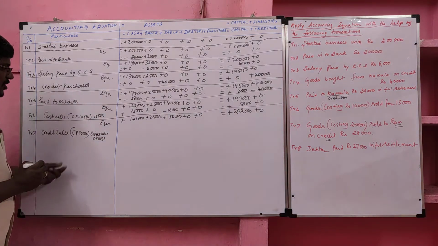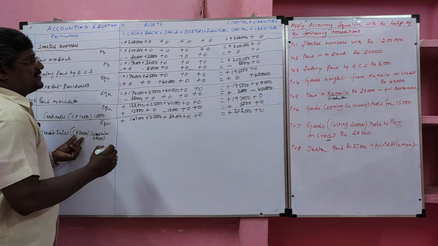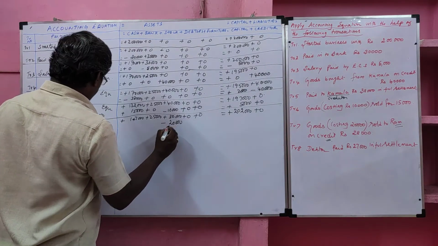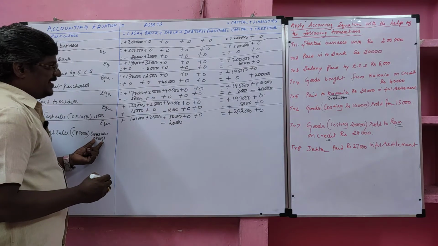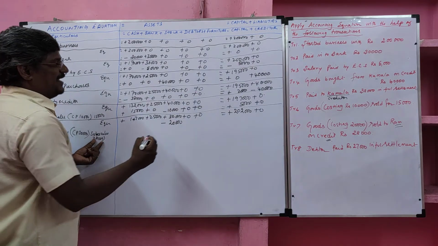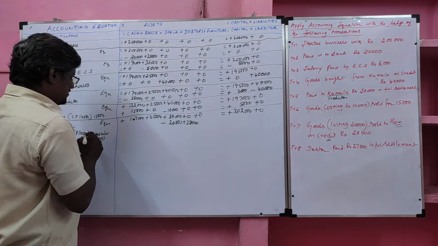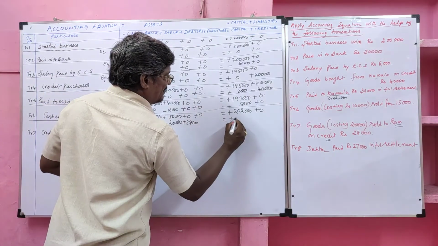The cost price is deducted from stock. The sales value is 28,000, and since it is a credit sale, it is added with the debtor.